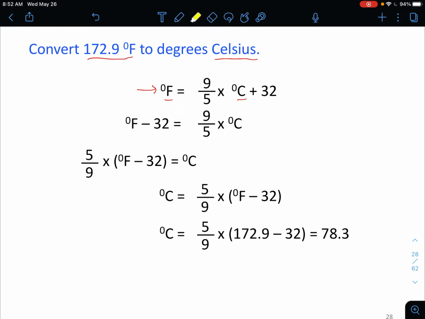So subtract 32 from both sides, multiply both sides by 5/9, and then here's my equation. If I have Fahrenheit, how to get Celsius. And so we plug in our given value of 172.9, subtract 32, multiply by 5/9, and it tells us that 172.9 degrees Fahrenheit is equal to 78.3 degrees Celsius.